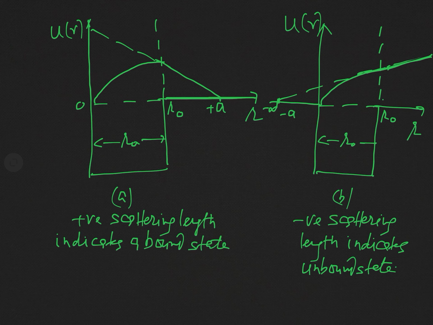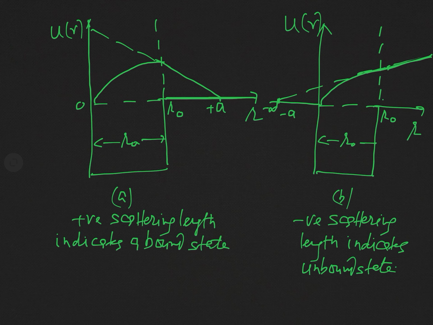And so in this figure A, you can see the curve is just tending towards the r axis, and so definitely this figure A, when the scattering length is positive, indicates the bound state of the system.